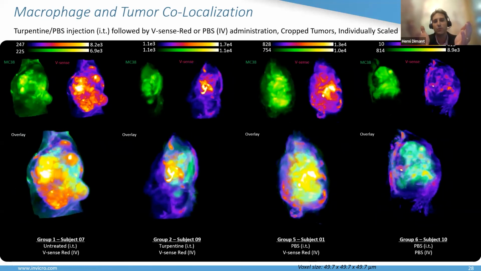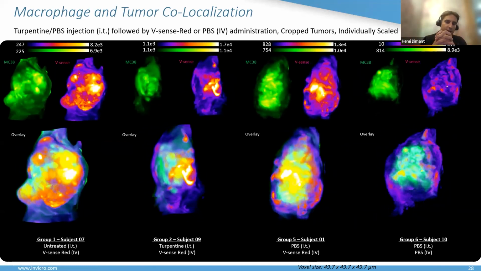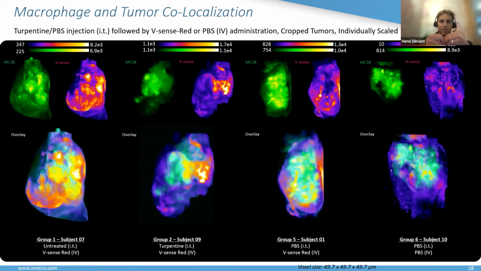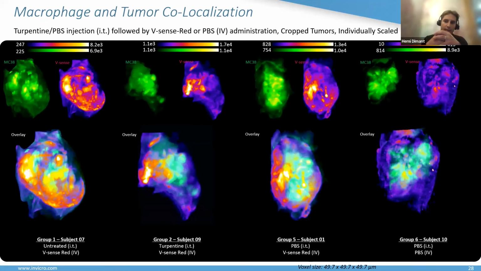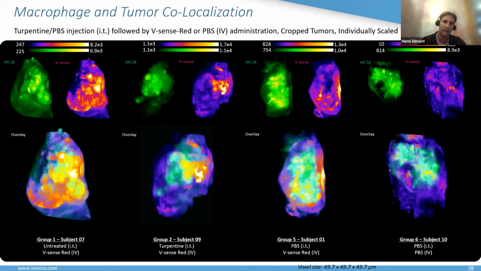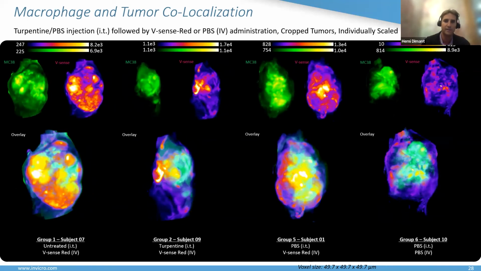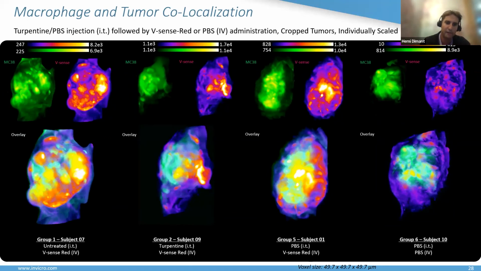And eventually we're able to co-register the vSense and the GFP signal to really understand the spatial distribution between macrophages and, in a sense, viable cells. Obviously the viable cells will express GFP. So looking at macrophage distribution versus tumor viability.